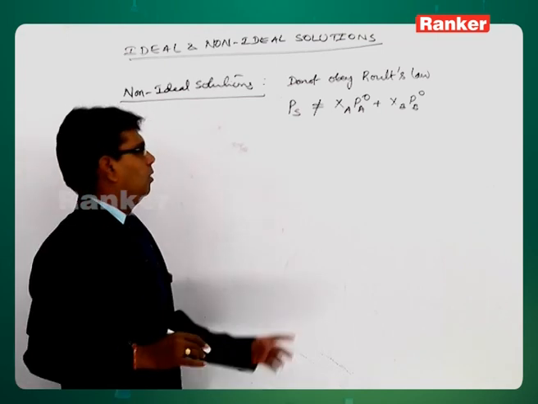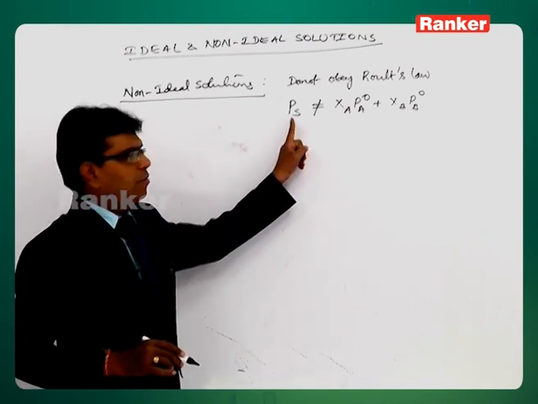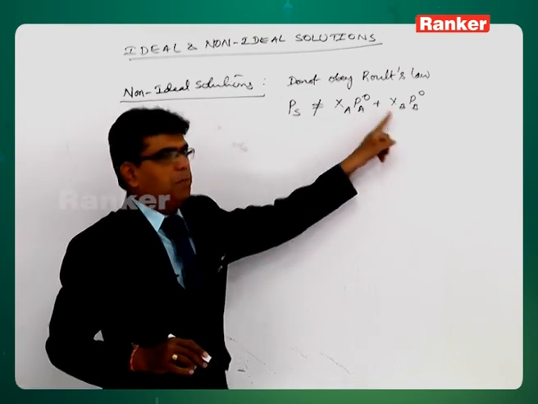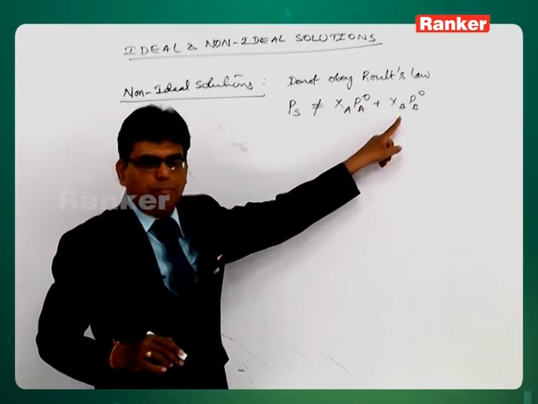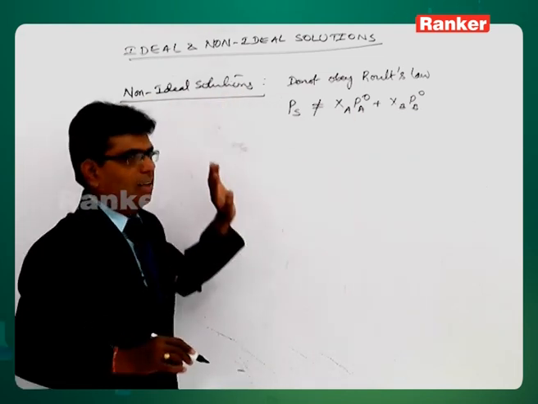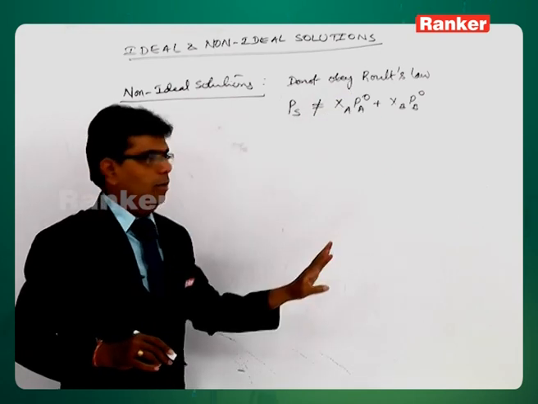A solution in which the vapor pressure of the solution is not equal to the sum of the partial vapor pressures of the two liquids in that solution, those solutions are what we call non-ideal, which do not obey Raoult's law.